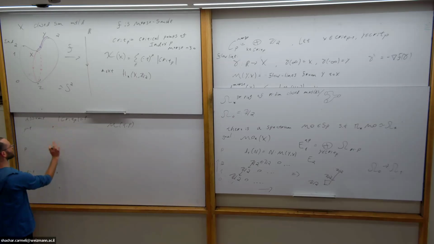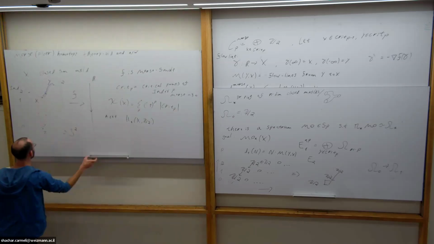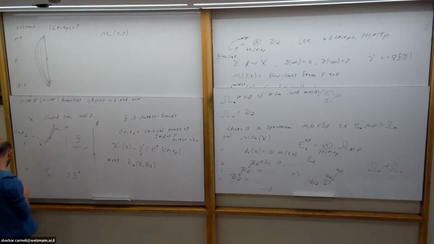So I have a lot of ways to flow to this point, and the boundary is given by flowing first to this point and then to this point. Maybe in this picture it will be more clear what we mean. So the moduli space of flowing from y to z is given by this open interval.